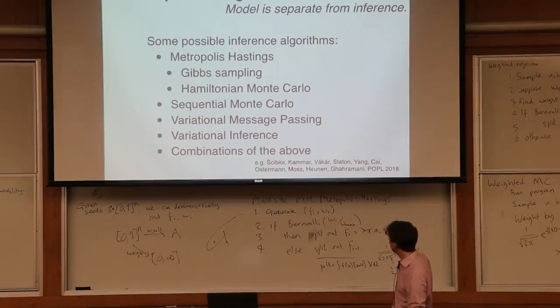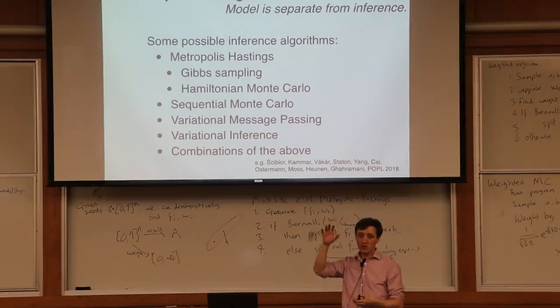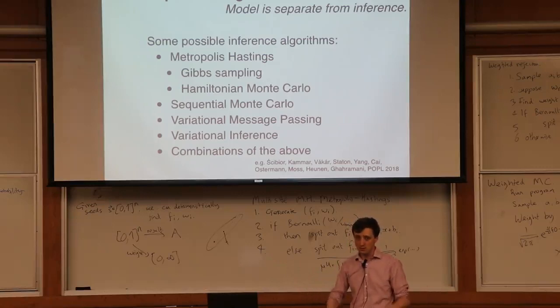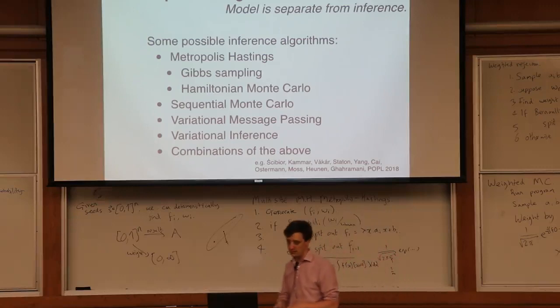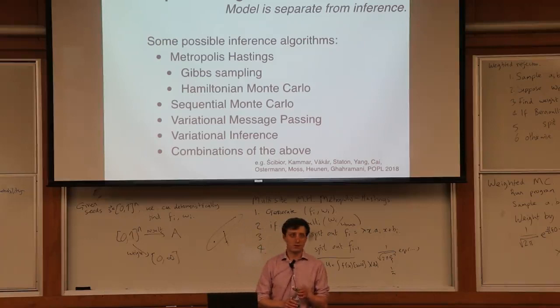This is a paper where we talked about how to combine different inference algorithms. Anglican has them. Several other languages have multiple inference algorithms. So the idea is you write your model, and then maybe this very simple Metropolis-Hastings thing didn't work that well. You can then plug in a different inference algorithm and try it with that. So the model is kept separate from the inference. Are there any more questions before we go for a break?